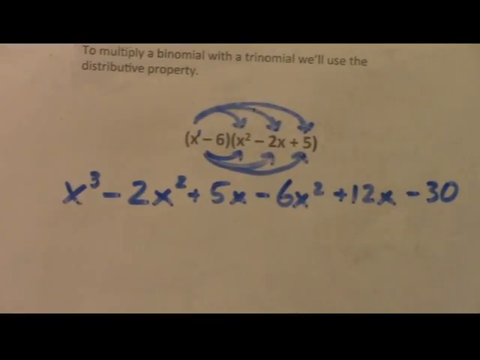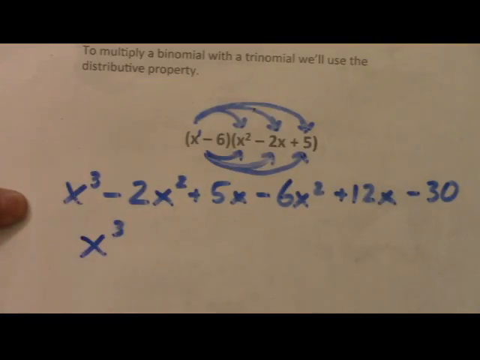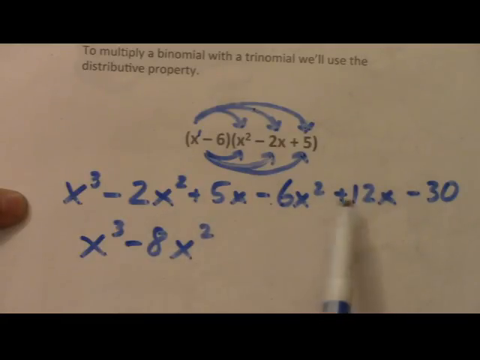Now I get to combine all of my like terms. Do I have anything else that's cubed? No. So I'm just going to bring that down. Do I have anything else that's x squared? Yes. I have a negative 2x squared and a negative 6x squared. That gives me negative 8x squared. Now I did my cubed, I did my squared. Now let's go on my x term.